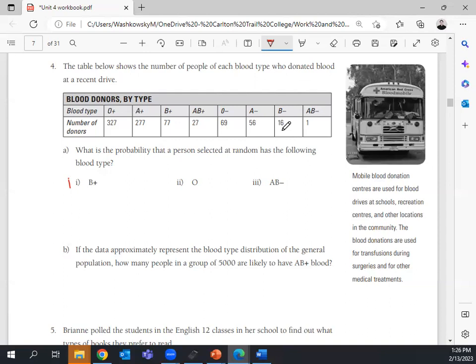For O blood type, do we add the positive and the negative together? Oh, good question. Yes.